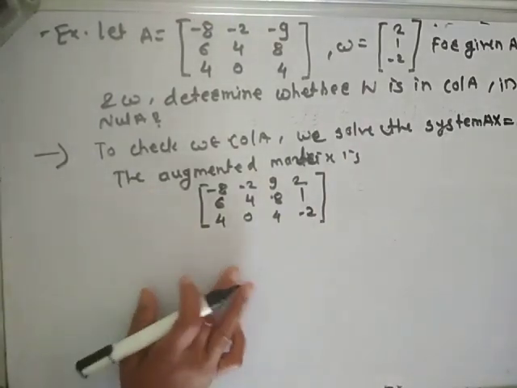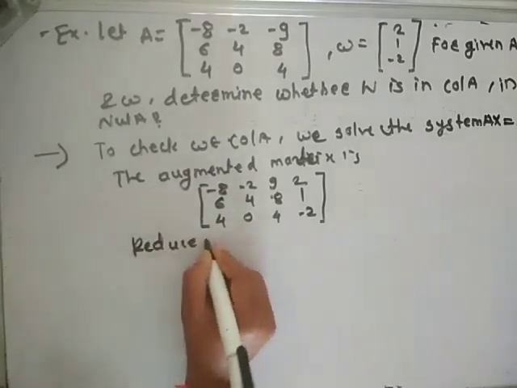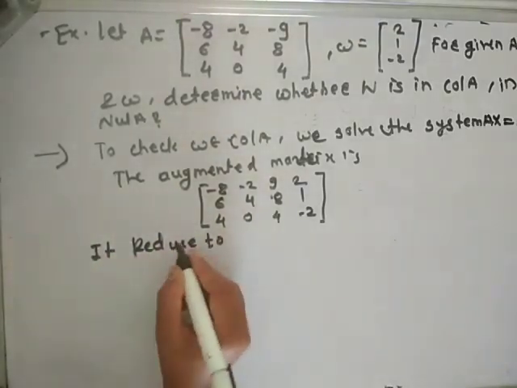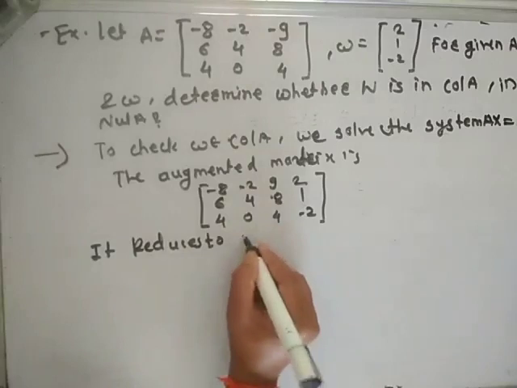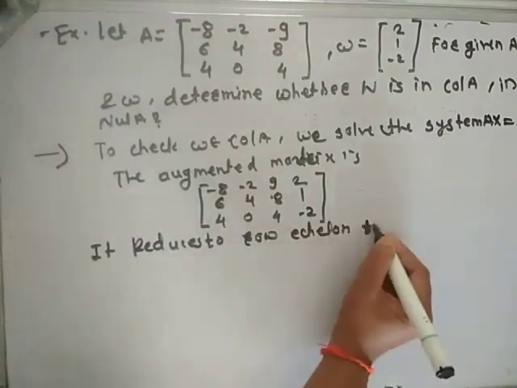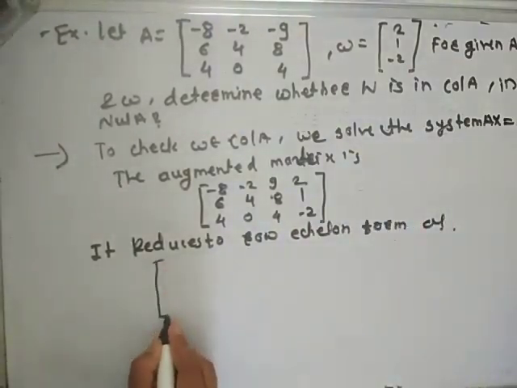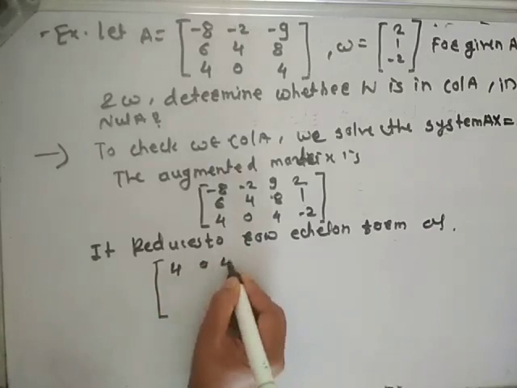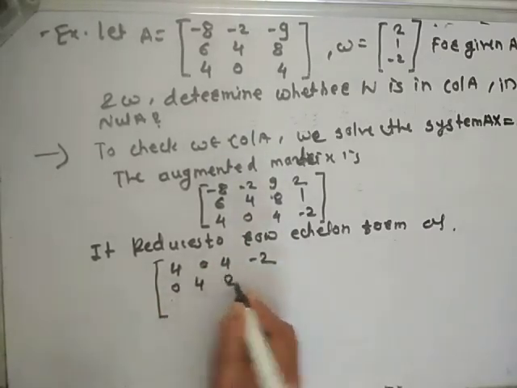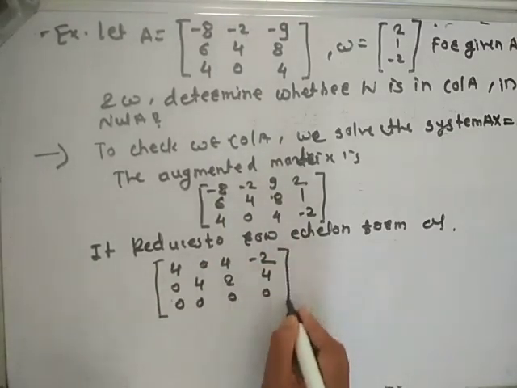We have to reduce it to row echelon form. Reduce the augmented matrix to row echelon form and obtain this row echelon form. This is homework for you.